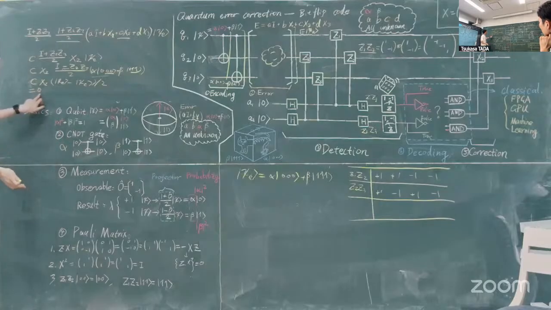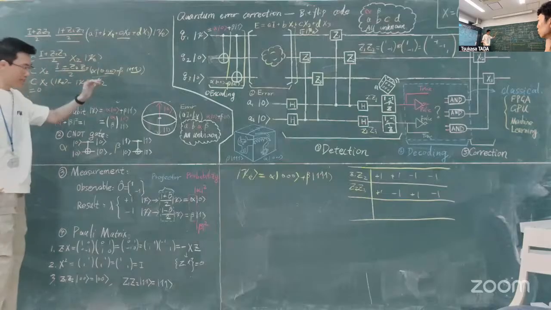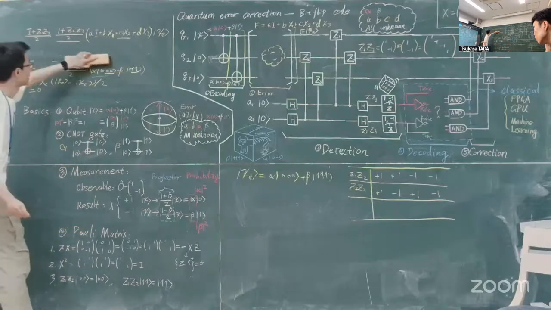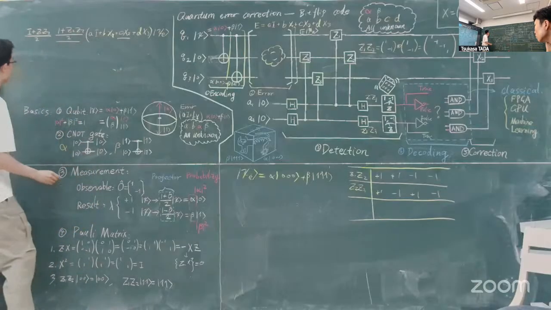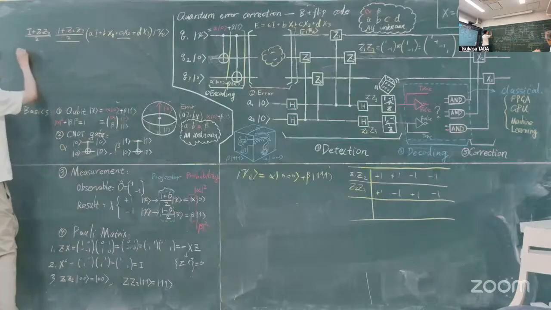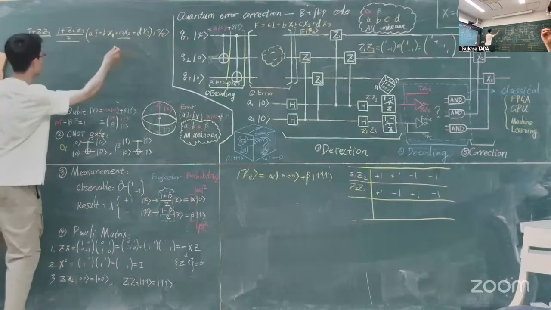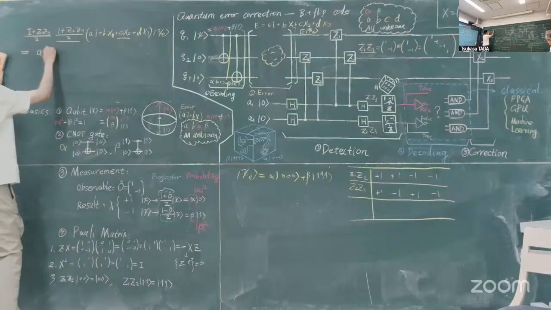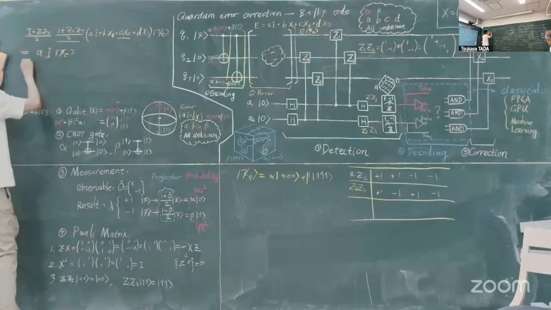Using a similar calculation, we find that after the projection, all of the error vanishes if we measure the 1, 1 projector. So the only result is the identity on psi e, which is psi e itself.